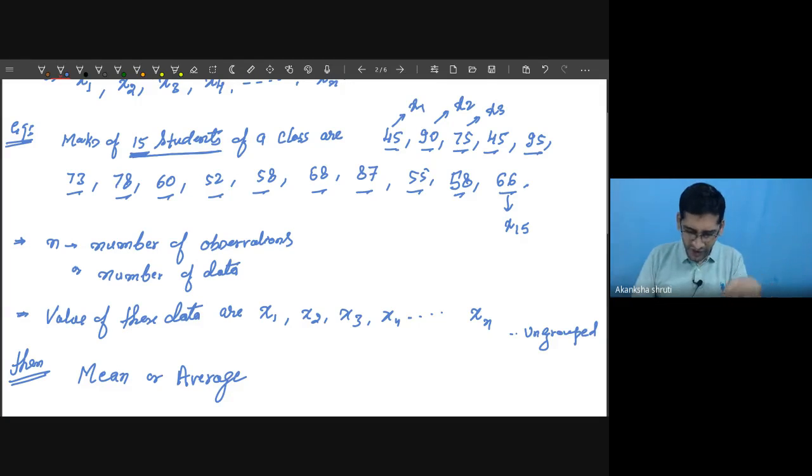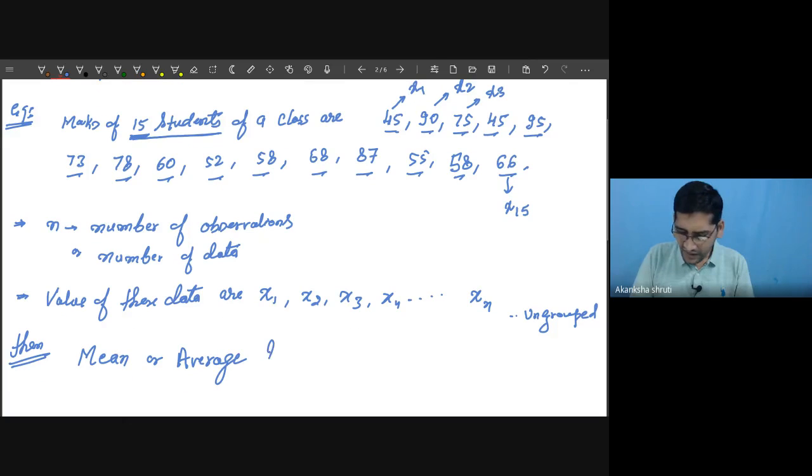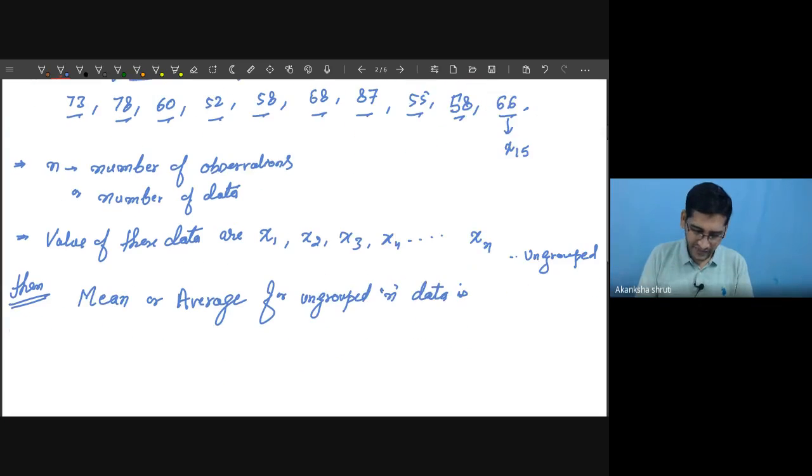So the mean for ungrouped or raw n data is obtained as follows. It is denoted by x, over which you put a bar, and you have to add the values of these n observations.